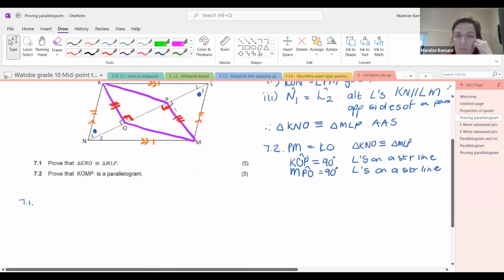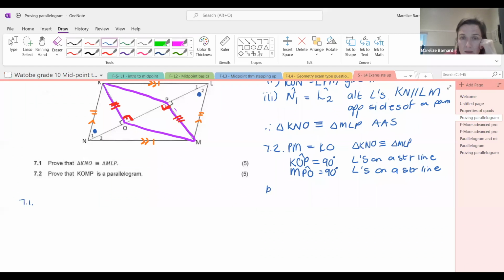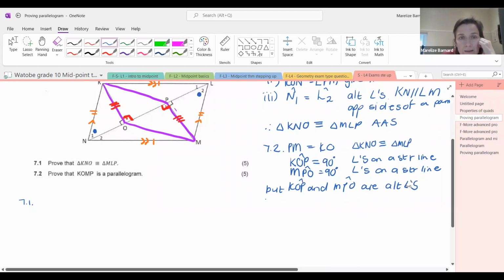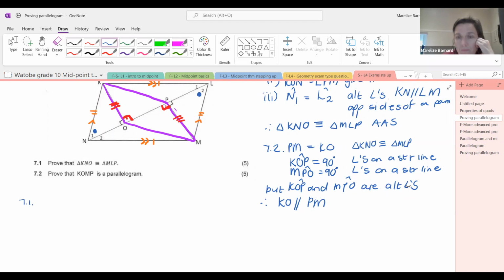And then you can say, but KOP and MPO are alternate angles. Therefore, KO is parallel to PM, and that's because alternate angles are equal.